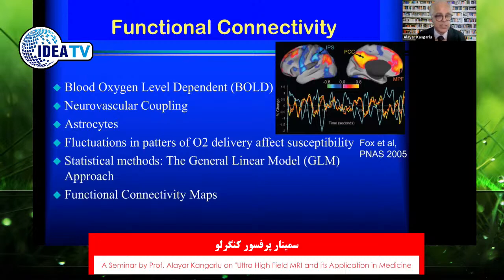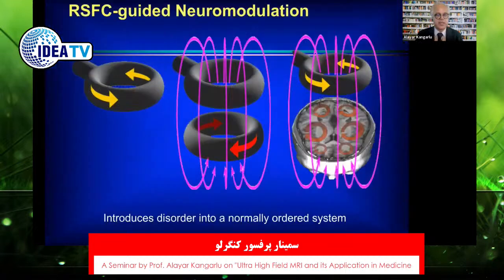We know that astrocytes play a very important role in translating the information from neuronal activity to hemodynamic activity. And unless we understand that, drawing neuronal conclusions entirely from hemodynamic data is really not the best thing that we can do.